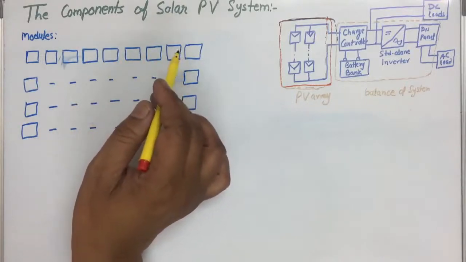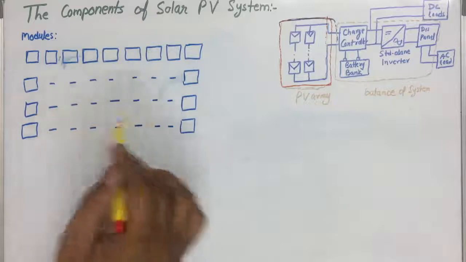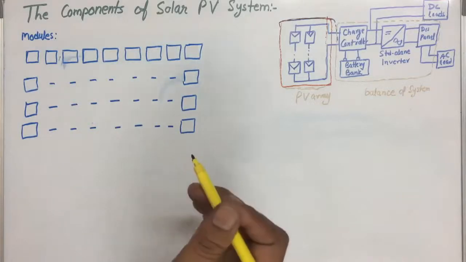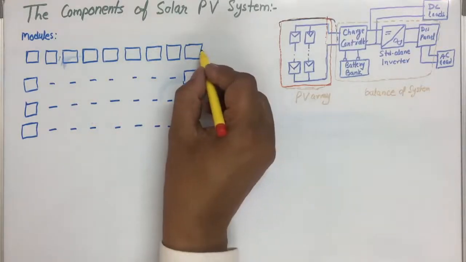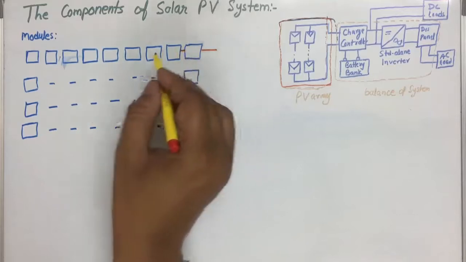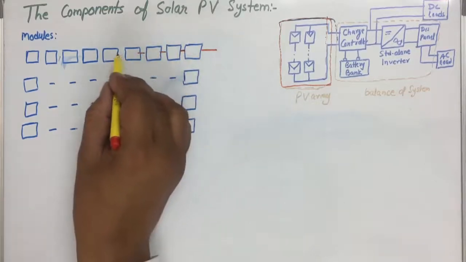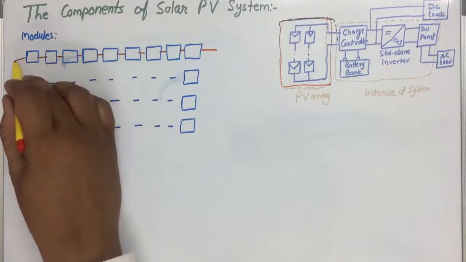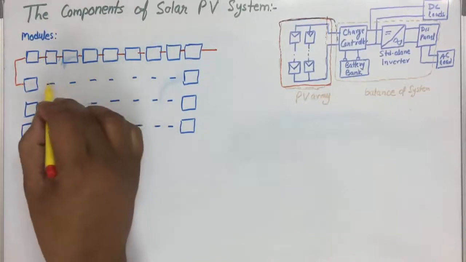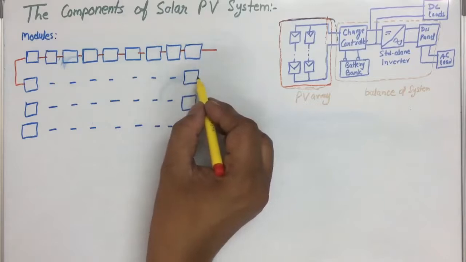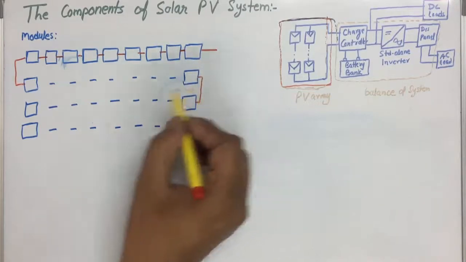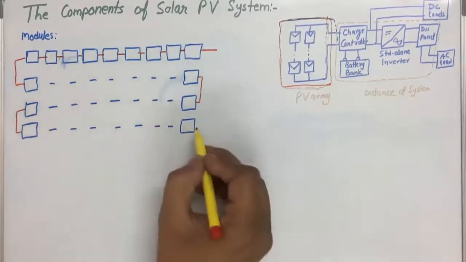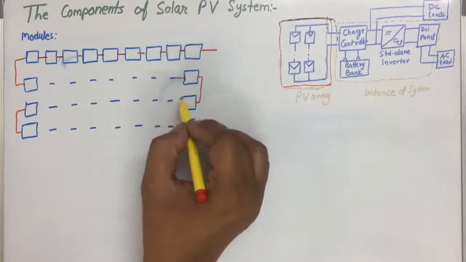There are 9 cells, and 9, 9, 9, so there are 36 cells. These cells are connected in series, and here it is connected like this, and from here at the end it is connected like this. It will form the series connection.